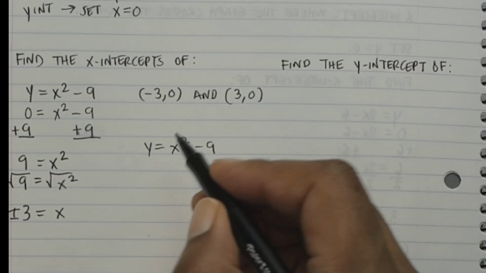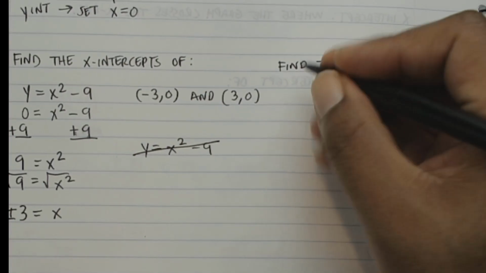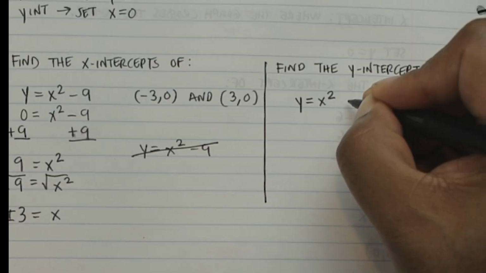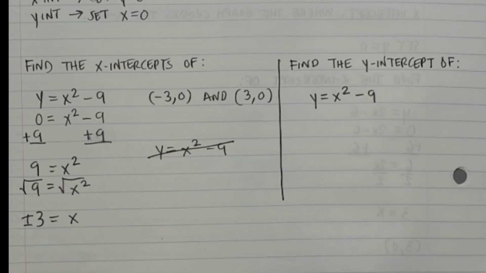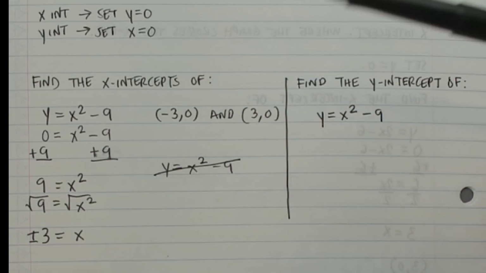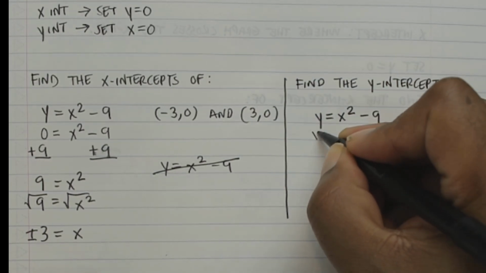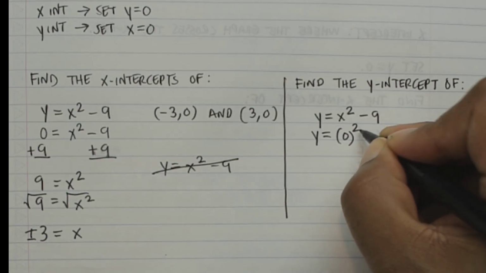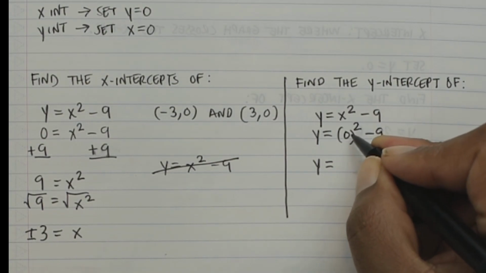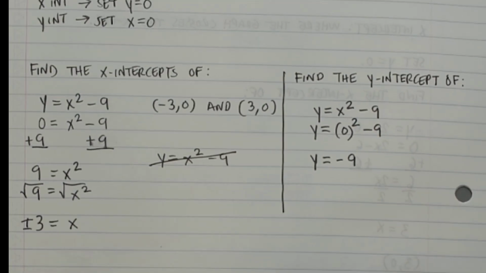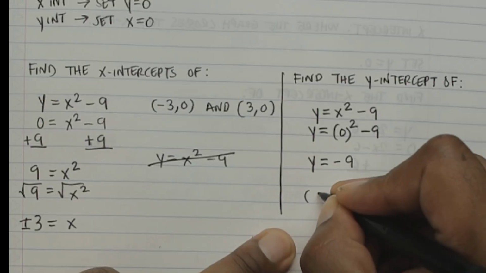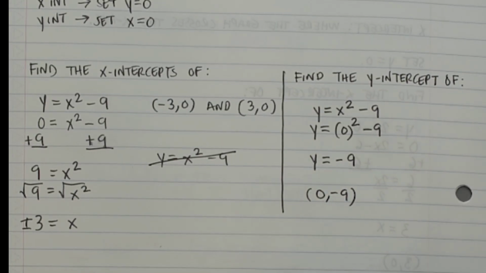Find the y-intercept of the same equation, y equals x squared minus 9. So again, when we're finding the y-intercept, we have to set x equal to 0. So y equals 0 squared minus 9. Y equals, this becomes 0, negative 9. So therefore, the y-intercept is 0, negative 9.